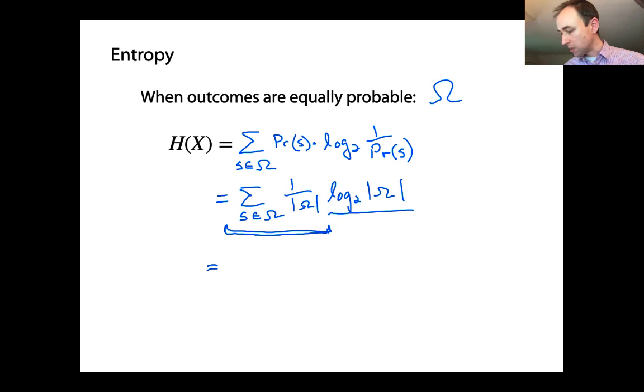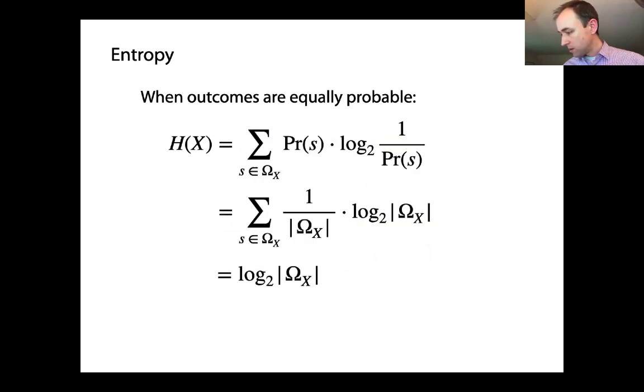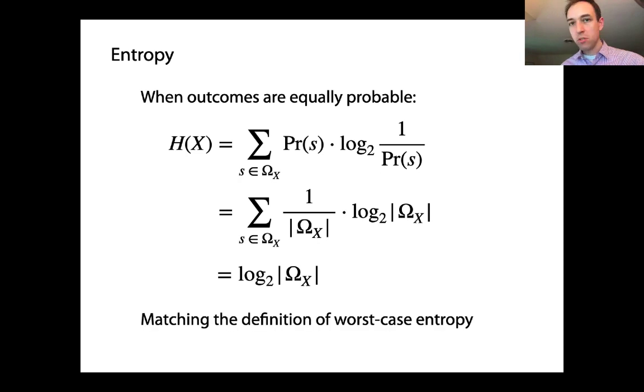So we just have log base 2 of size of Omega, which is the worst case entropy of Omega. So when the outcomes are equally probable, the Shannon entropy of the random variable is nothing but the worst case entropy of its sample space.